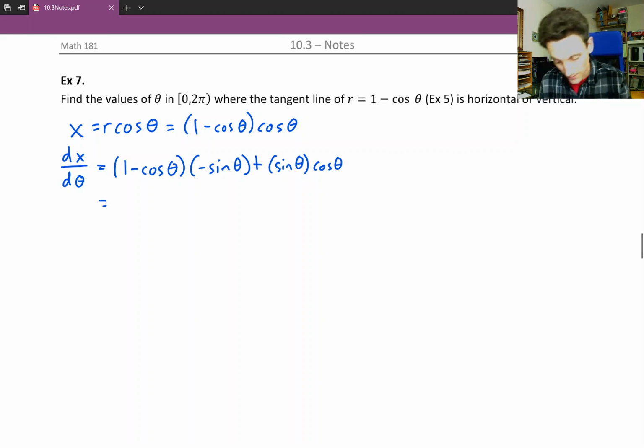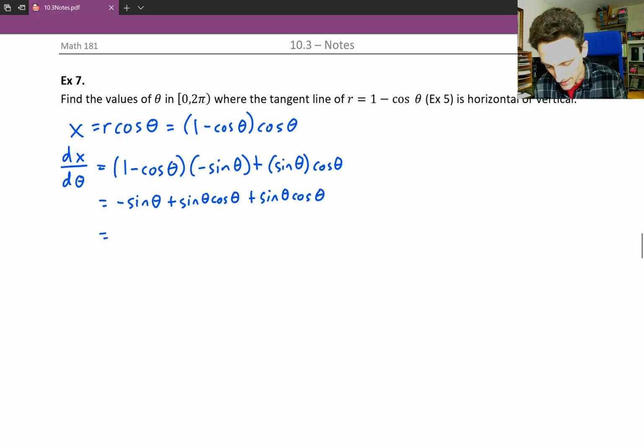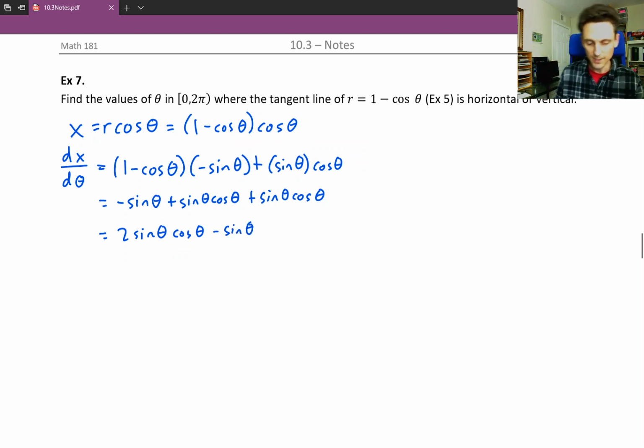If we simplify that a little bit, we can distribute the negative sign into the 1 and the cosine. And then we get a couple of sine theta cosine thetas that add together. So we get 2 sine theta cosine theta minus sine theta. That's a pretty simplified version of that.